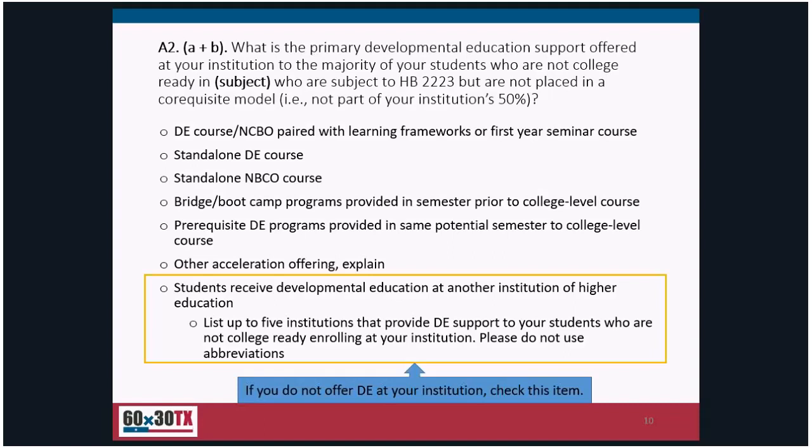And the ones above will relate to you in terms of how you place your students that are subject to House Bill 2223 but are not placed in a corequisite model for a variety of reasons. And I will say, you don't see here an option of everyone goes to corequisite, because you'll only see this question if you give a percentage in the prior question that is less than 100%. So if in the prior question you tell us 100% of your students are in corequisite, you won't even see this question, so don't worry about it.